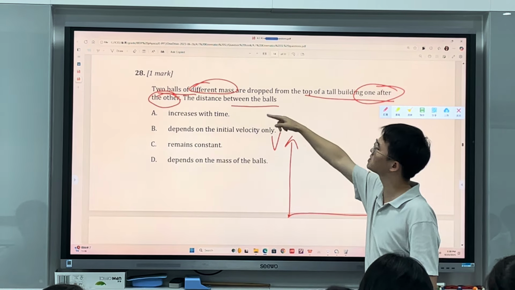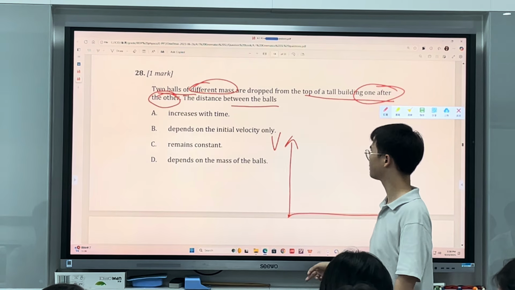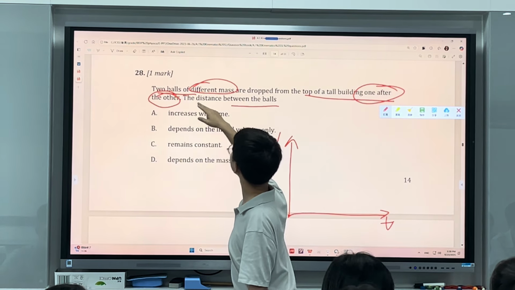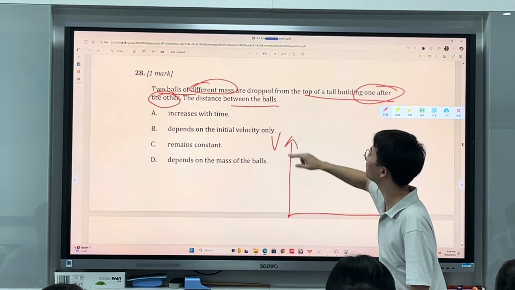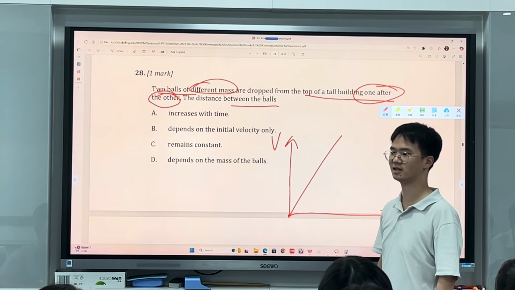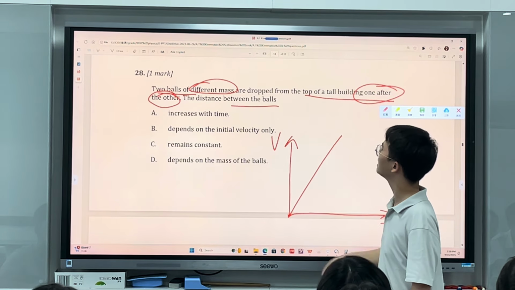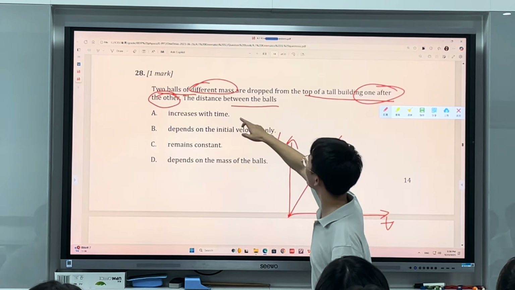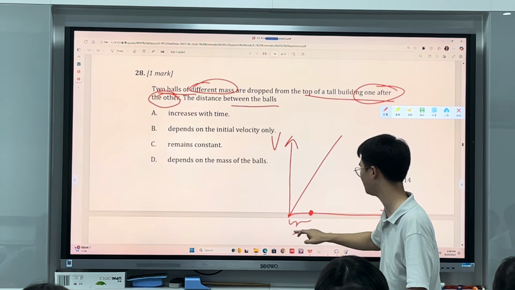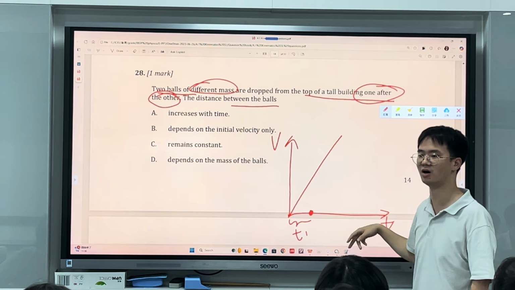We dropped the first ball, right? Okay. If we ignore air resistance, then it should be a straight line, right? Okay. And this is time. One after another. That means after some certain time t passes, you drop the second ball, right?